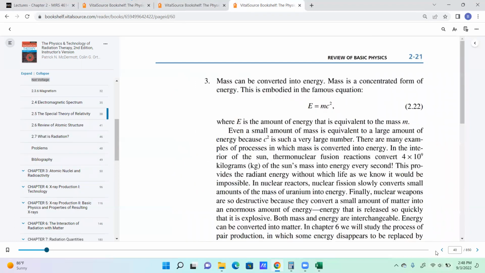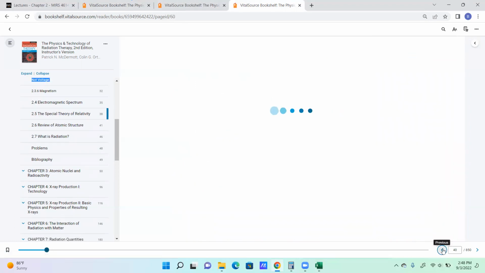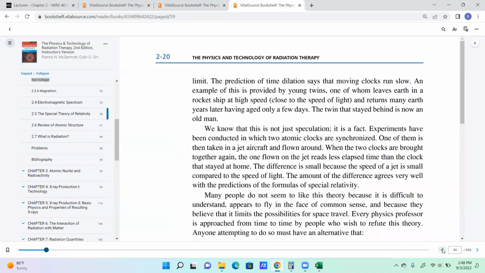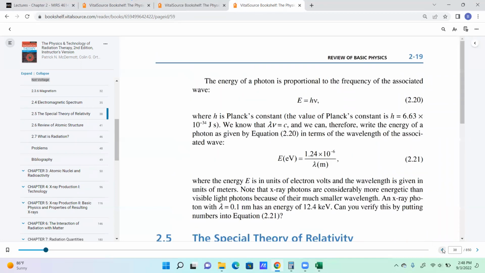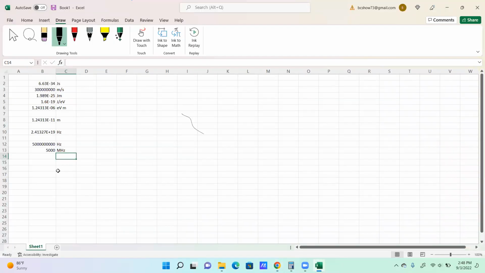Okay, go back to here. We put in the energy of the photon here. We go through and basically exchange the places of lambda and energy. So I'm going to take 1.24. I don't know why I said that.